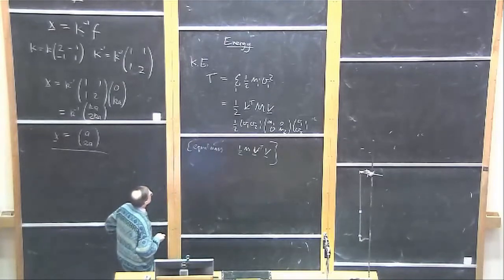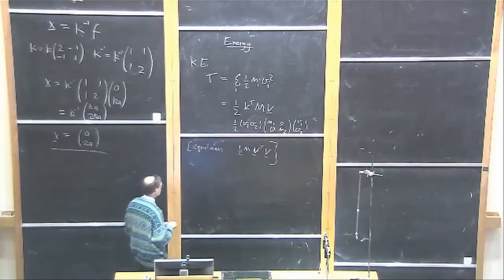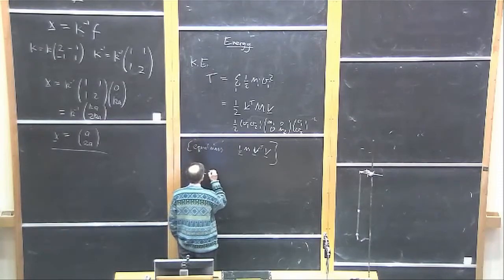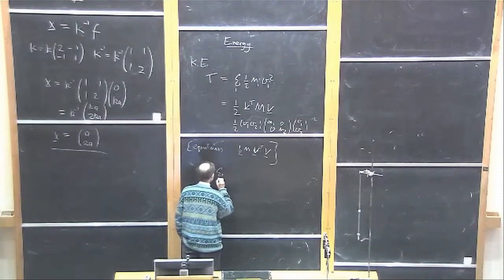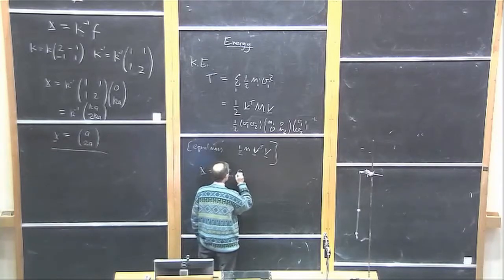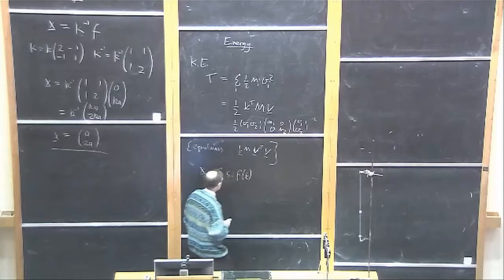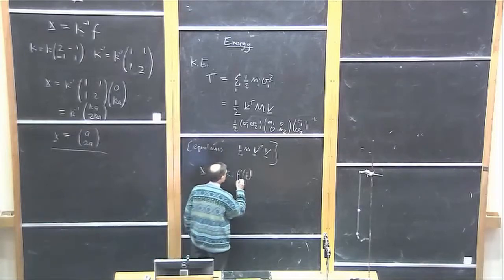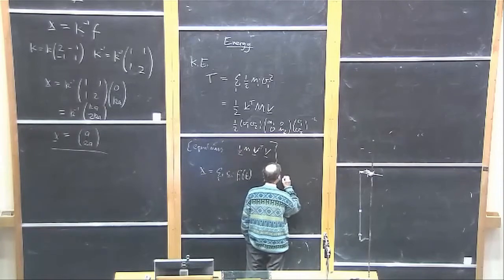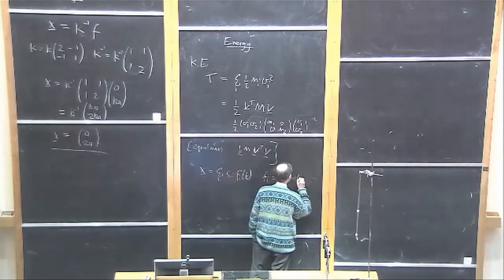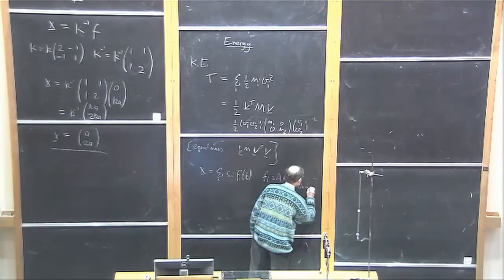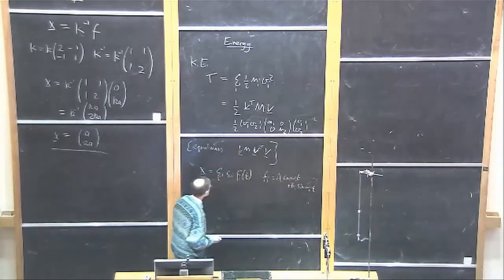However, an interesting thing happens if we substitute a normal mode solution. So if we substitute x equals sigma over i, C_i f_i(t), where f_i is the usual A_i cos omega_i t plus B_i sine omega_i t. Okay?